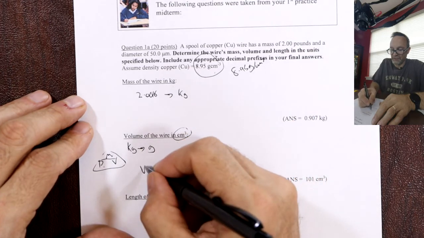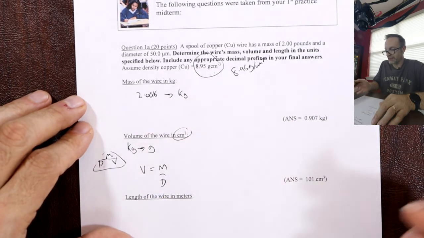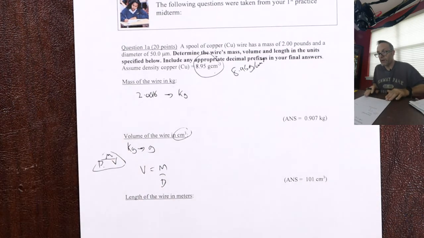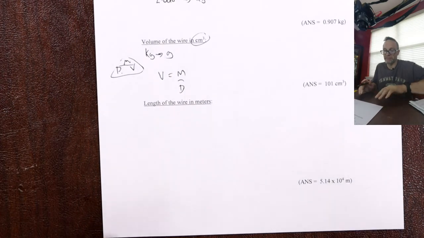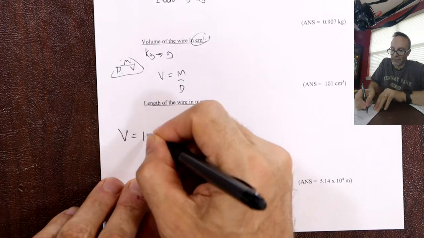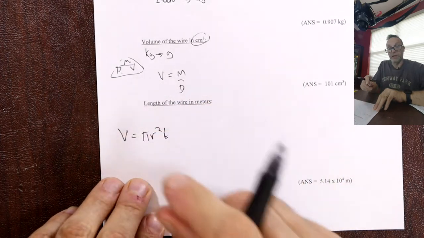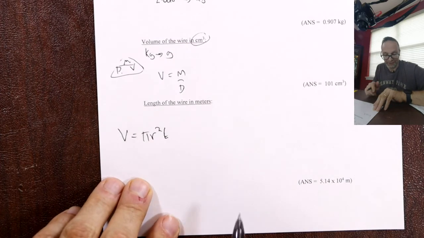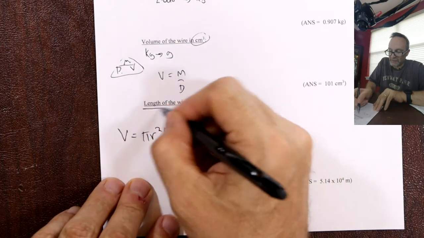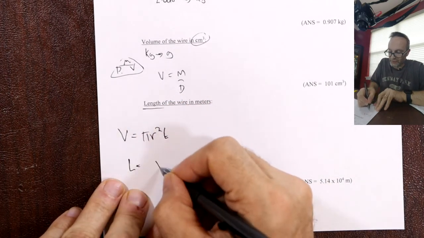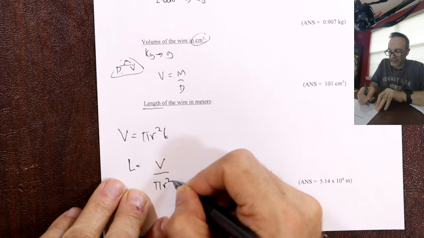Nice and easy. Volume equals mass over density. Length of the wire is a little bit trickier. Remember, volume equals pi r squared L for a cylinder, and a wire is a cylinder, a really long cylinder. Want the length, so length equals volume over pi r squared.